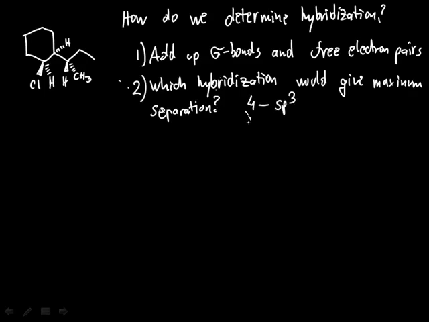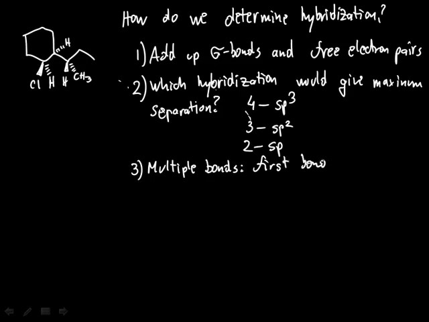If we have 3, it would be sp2. And if we have 2, it would be sp. And then finally, the thing that we need to know is that in multiple bonds, the first bond is sigma, and the second and third bonds are both pi.